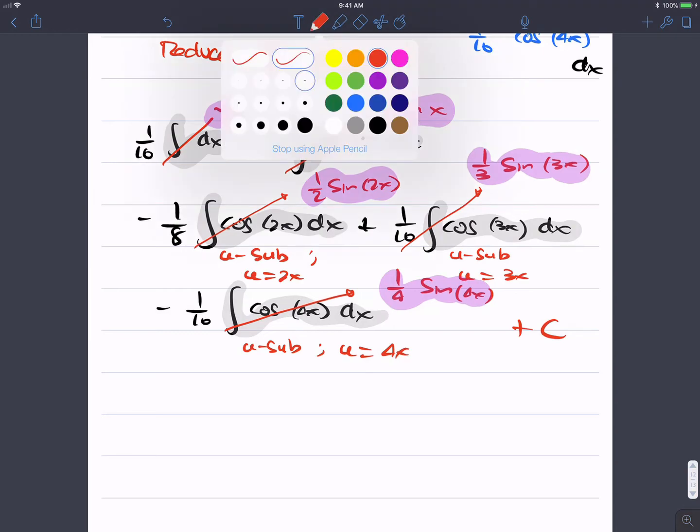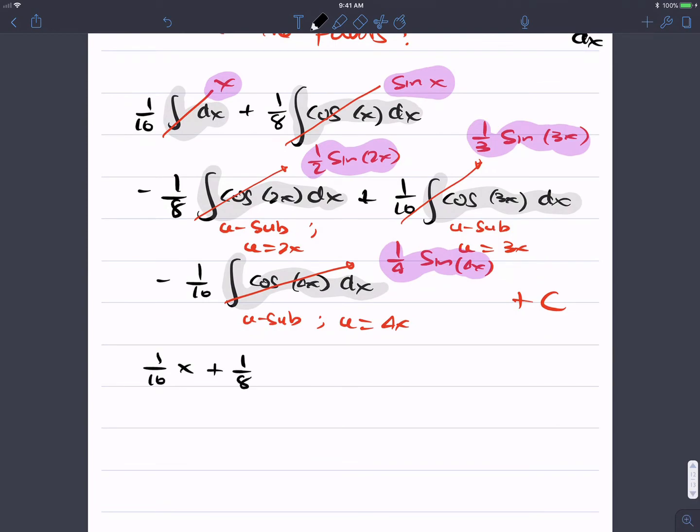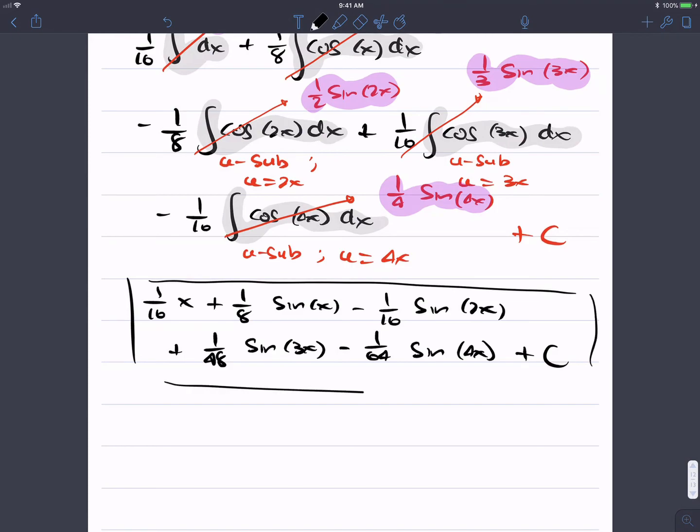Looks like I have 5 of them, so let's write our final answer here. 1/16 x plus 1/8 sine x minus 1/16 sine 2x. 16 times 3 is 48, plus 1/48 sine 3x minus 1/64 sine 4x plus c. And there you go.